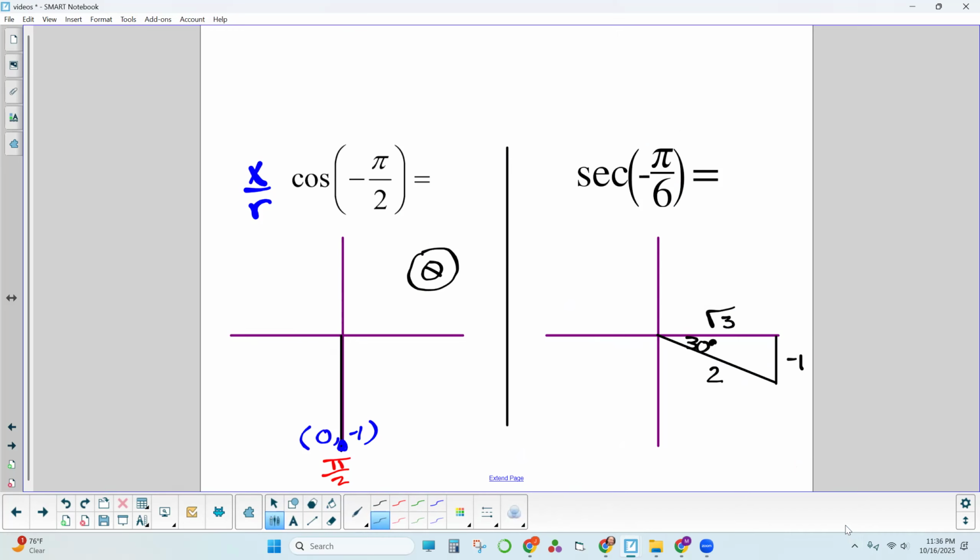Secant is r over x, and r over x is 2 over square root of 3. Again, I can't leave a radical in the denominator. Go ahead and rationalize that, and you get 2 square root of 3 over 3.